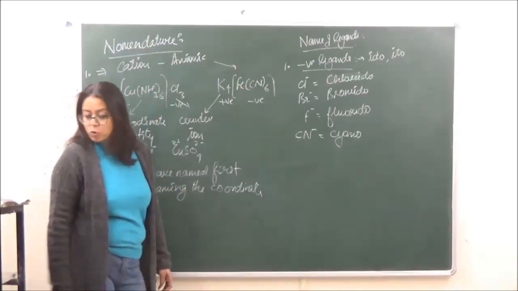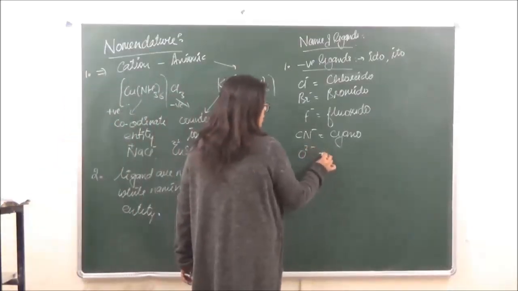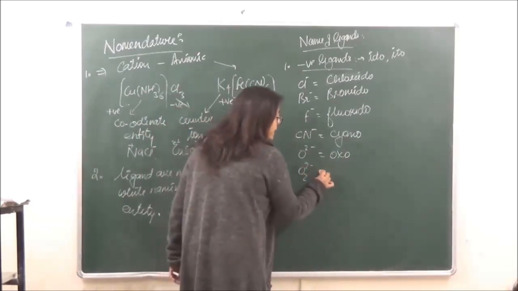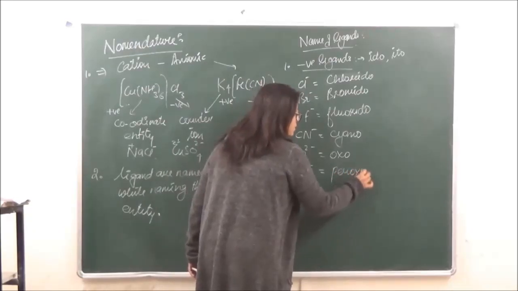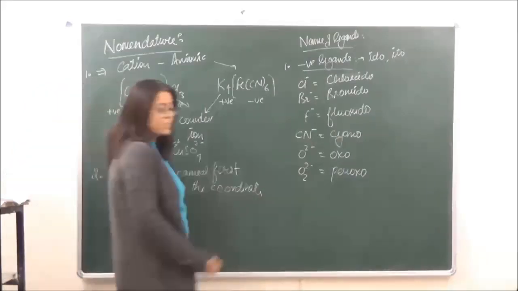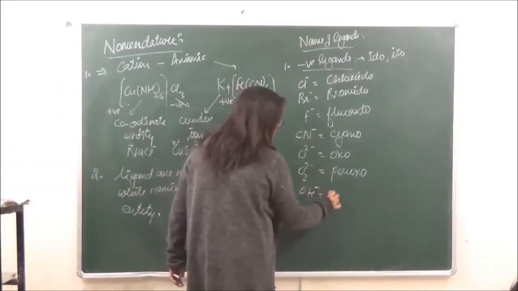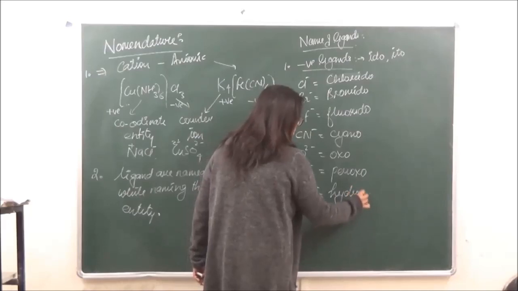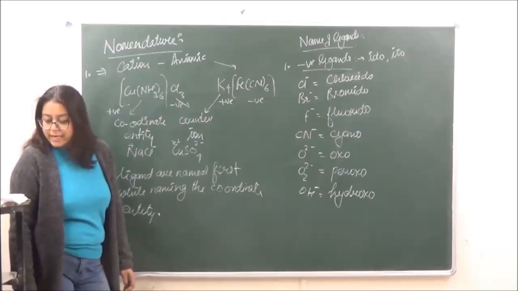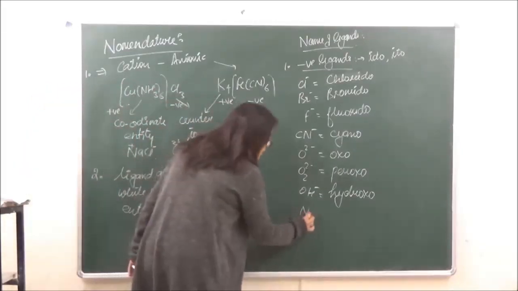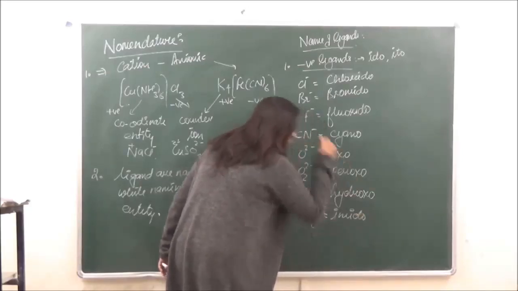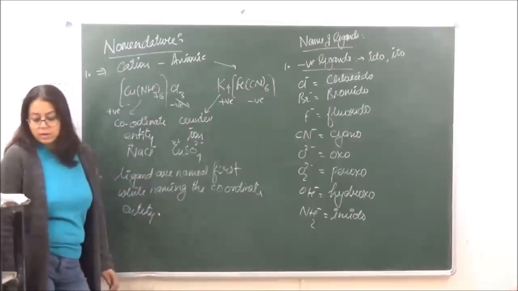If we have O2 negative, oxo. If we have O2 2 negative, then this is named as peroxo, right? Then we have OH negative, hydroxo, right? Then we have NH2 negative, it is named as imido, okay?